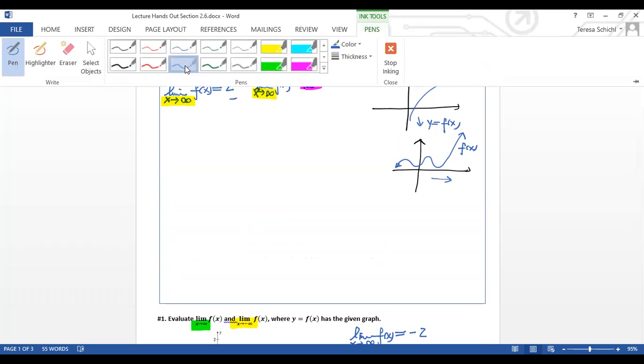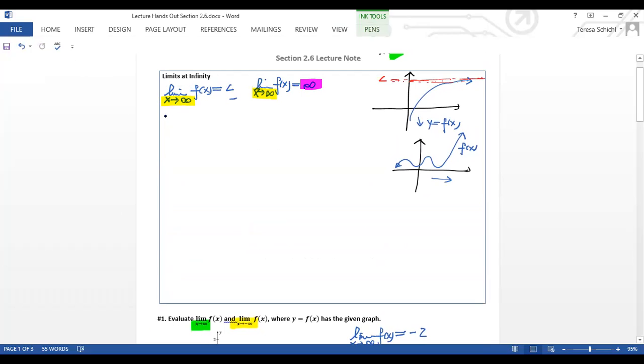Okay, so let's write the first rule here. This one is kind of a trick. If you have a function limit as x approaches infinity, positive or negative infinity, and the function is two polynomials, the first one is a polynomial with nth degree.